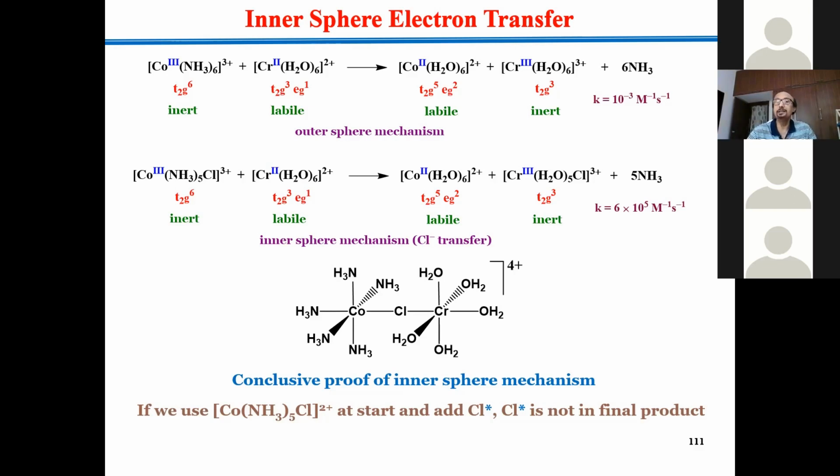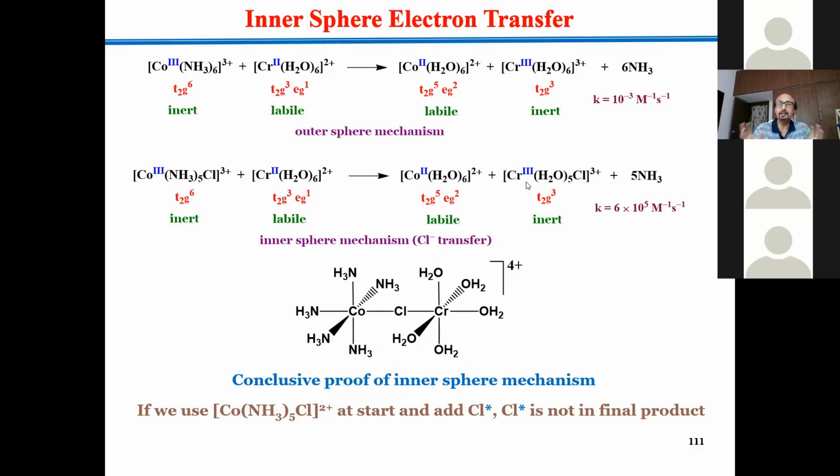That's why instead of retaining with the cobalt, it goes to the chromium center. The initial product would be pentaamine water. One water goes in, the chloride goes into the chromium domain, and then all amine would be hydrolyzed by water, and so you'll be getting this product at the chromium part.